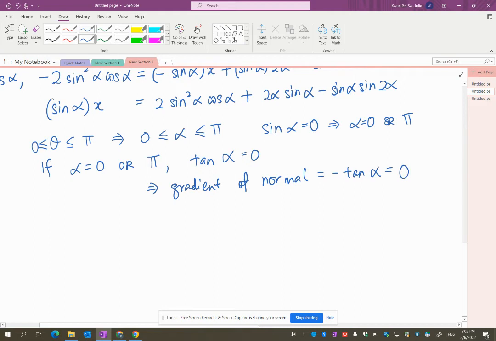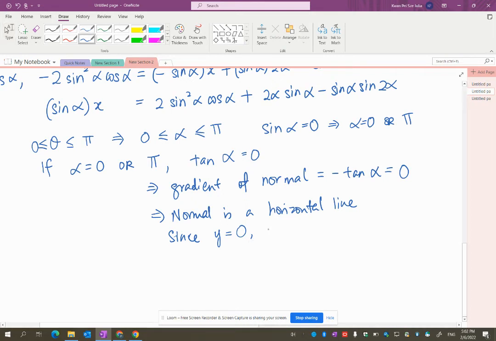So what is the implication? The gradient of the normal is 0, which means the normal is a horizontal line, right? Since just now we substituted y equals to 0, not only is the normal a horizontal line, the normal is actually the horizontal line where y is 0.